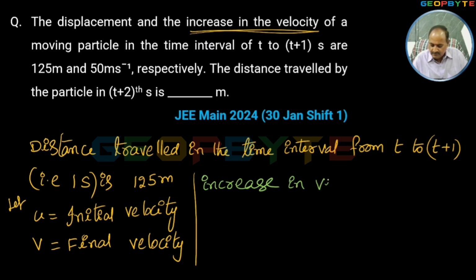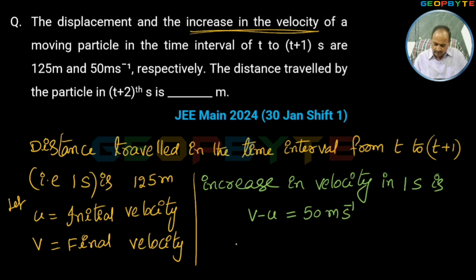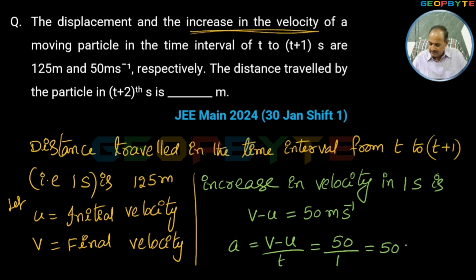Increase in velocity in 1 second is v minus u. v minus u is equal to 50 meter per second. But what is the acceleration? Rate of change of velocity, v minus u by t. v minus u is 50. Here the time interval is 1. It is nothing but acceleration, 50 meter per second squared. That is the acceleration.